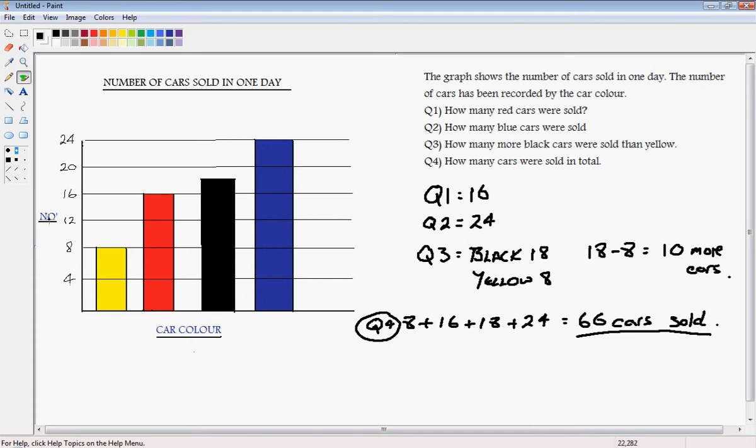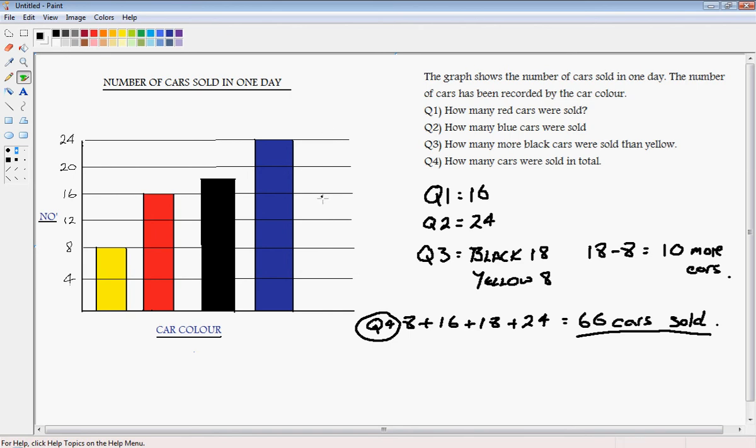So you can see that reading a graph is very, very simple. Okay. Now let's say they said, oh, we forgot that we sold 2 green cars. And we have to put this on the graph.